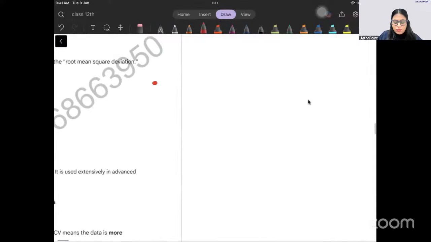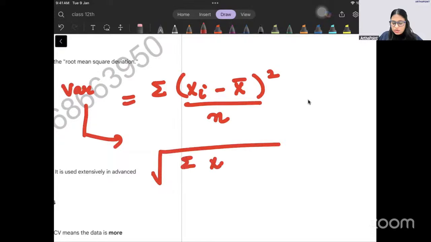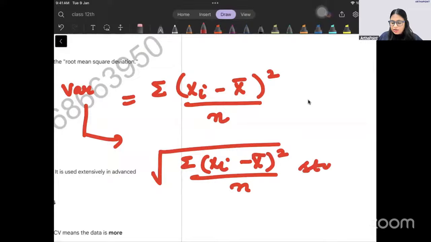Standard deviation का most easiest formula is summation (xi minus x bar) whole square by n. This is called variance. And when we find its under root, then we get standard deviation. Right? Standard deviation is the most often and commonly used tool.